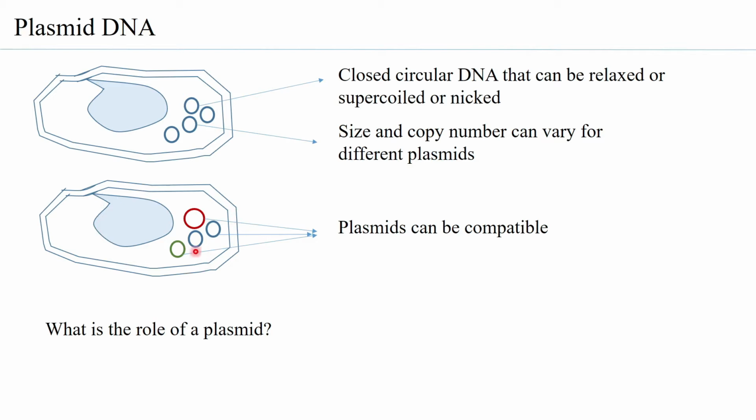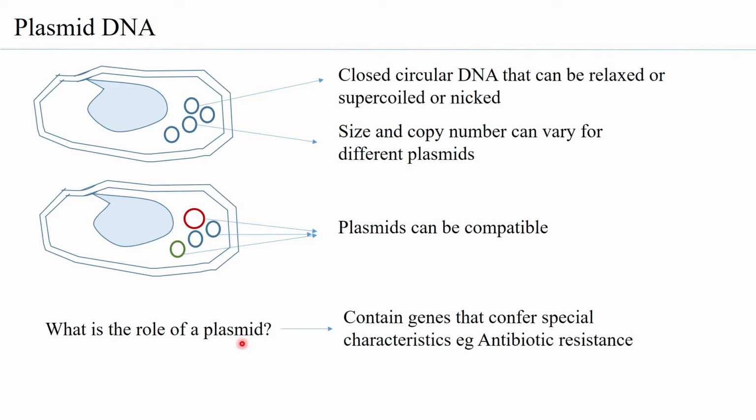However, the presence of plasmid confers the bacteria with added characteristics, and those added characteristics help the bacteria to carry out certain specialized functions or to grow in certain very specific conditions, or to competitively be better than those bacteria that do not have the plasmid. So the role of a plasmid is that it confers certain special characteristics to the bacteria.